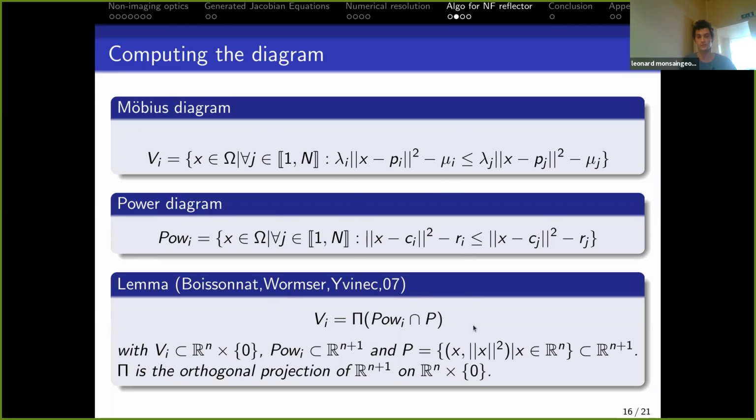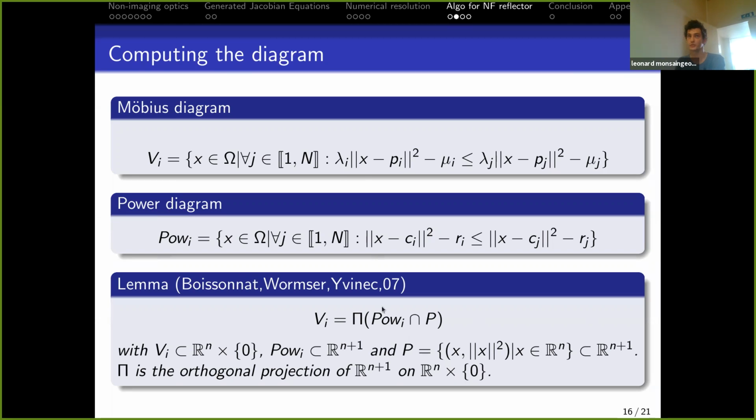So this result tells you that if V_i is a Möbius diagram, then considering pi the orthogonal projection of R^(d+1) onto R^d, my Möbius diagram V_i is the projection of the power diagram in R^(d+1) and a correctly chosen paraboloid, which is the paraboloid centered in 0.